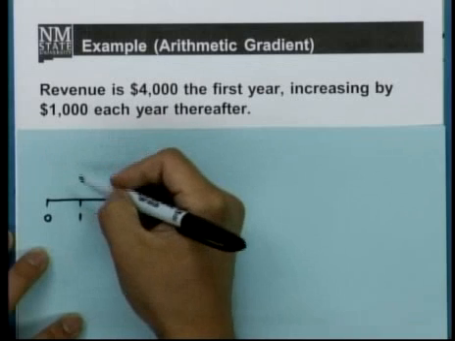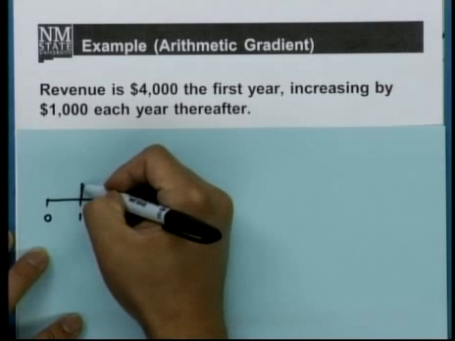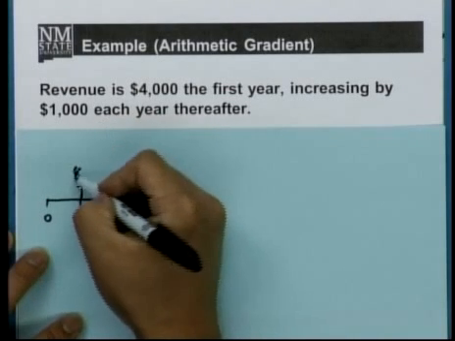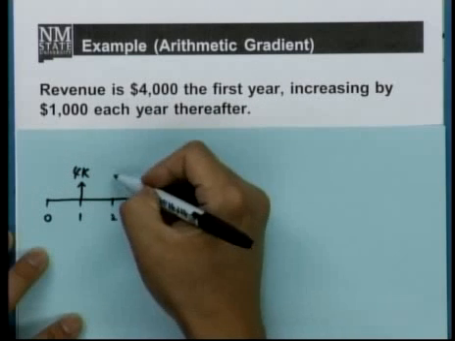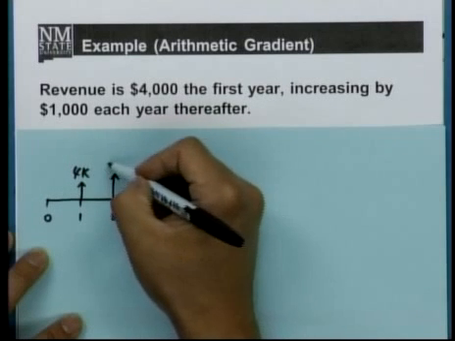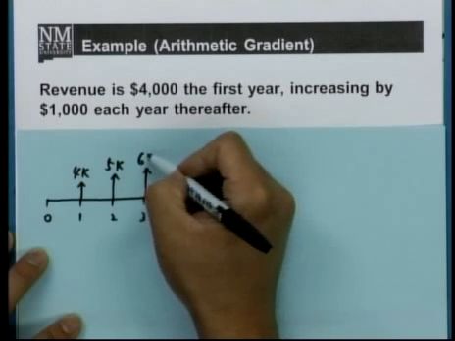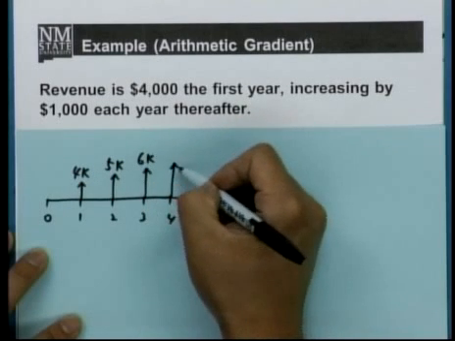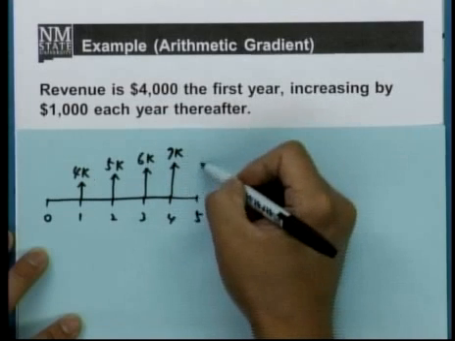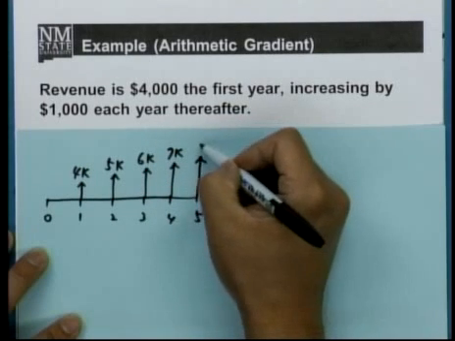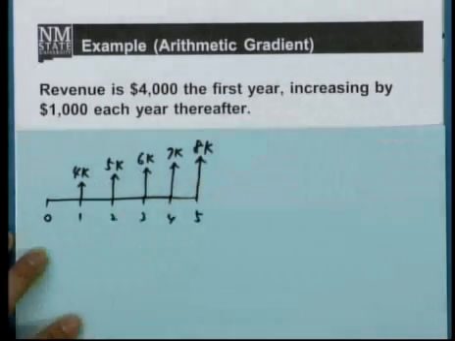For the first year, the revenue was 4,000. Second year, 5,000. Third year, 6,000. Fourth year, 7,000. Fifth year is 8,000, right?